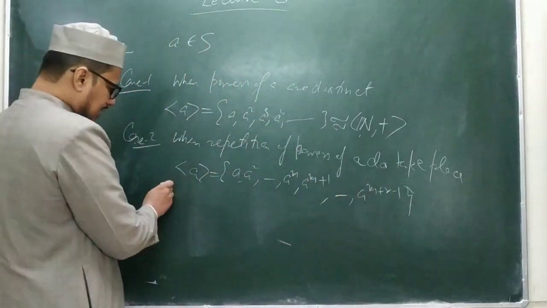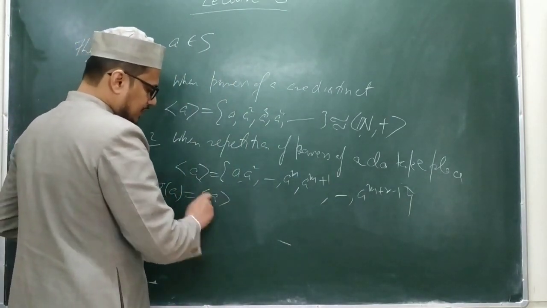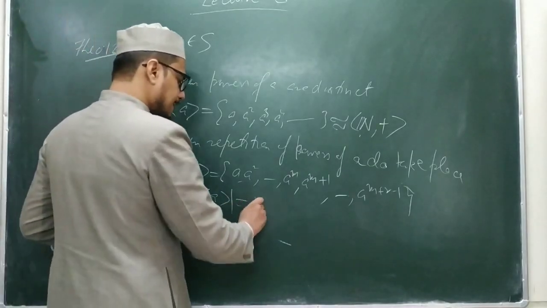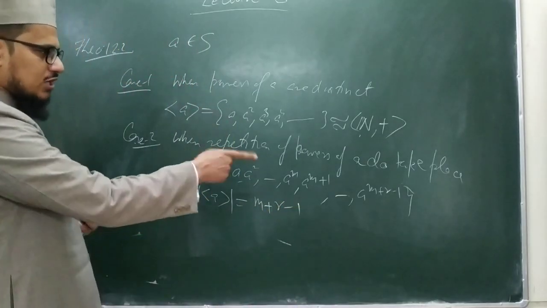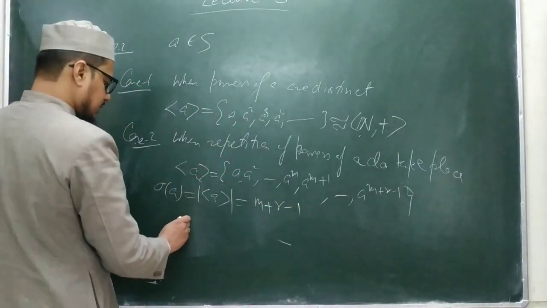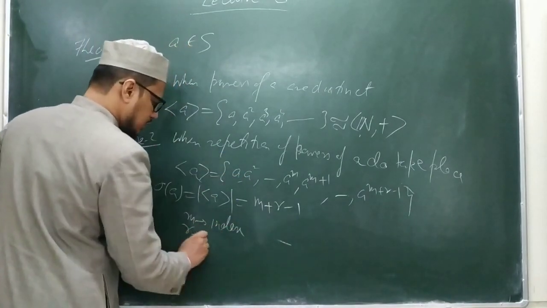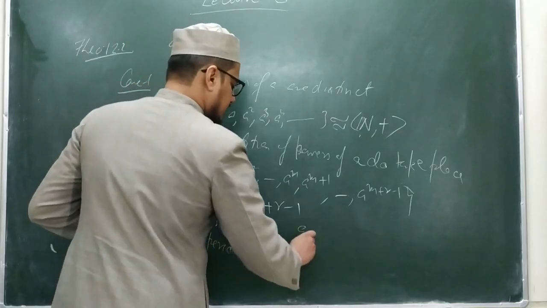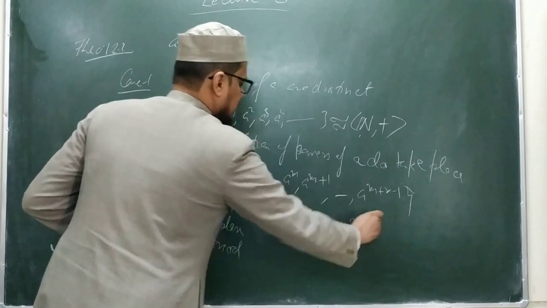So what is the order of A? The order of A is the number of elements in the monogenic subsemigroup generated by A, which is equal to m plus r minus 1. What is m, what is r? m is the index and r is the period. We also proved that A to the power m is equal to A to the power m plus r.